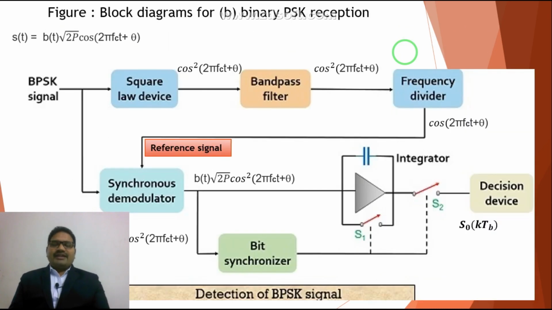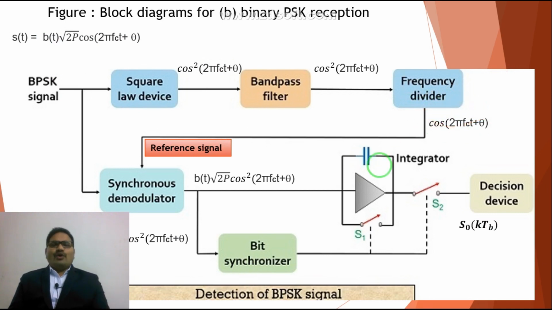Now, how can we see this? We have seen that this is your received BPSK signal. It has been given to a square law device. Why? In order to recover your carrier signal. But suppose this is minus of this b(t), the phase has been changed. But as we know, square of anything, negative or positive, is positive. So if the received signal is negative, the recovery of the carrier remains unchanged.